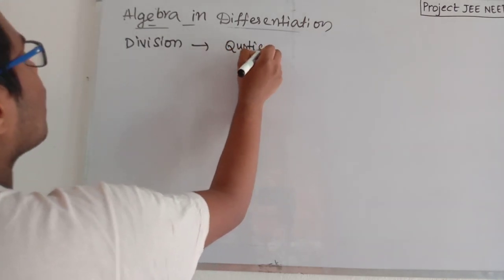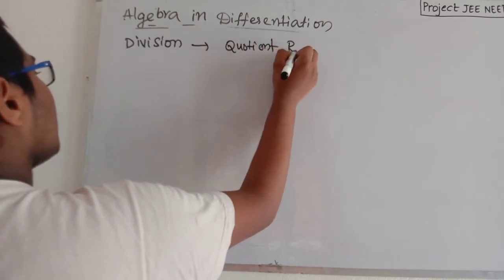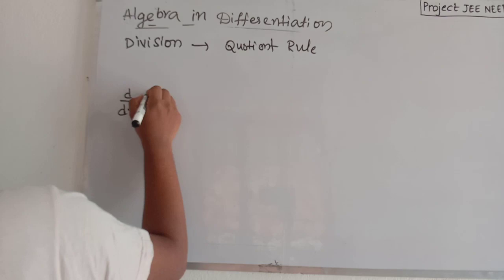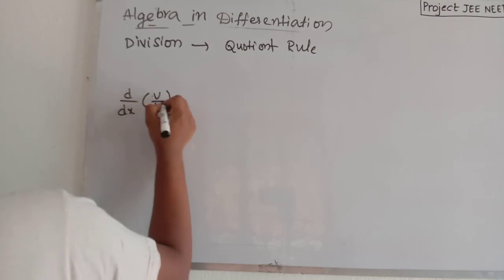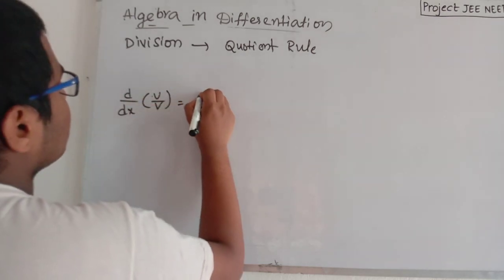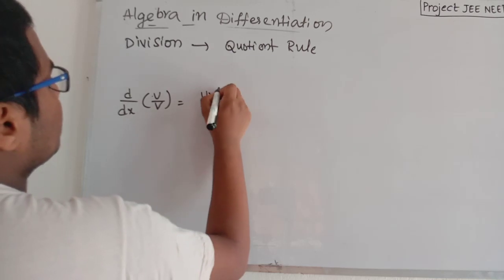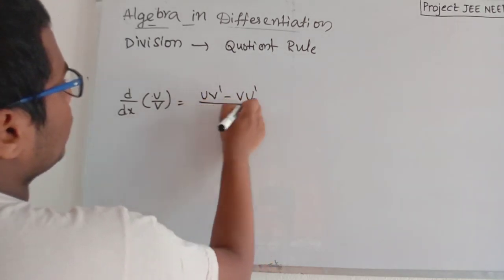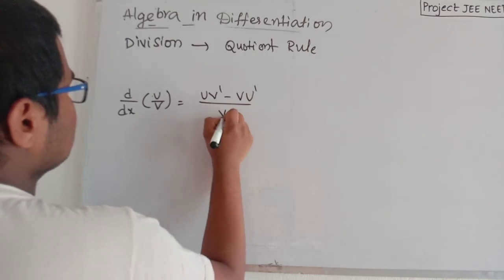Quotient rule: d by dx of u by v is equal to (v u dash minus u v dash) by v square.